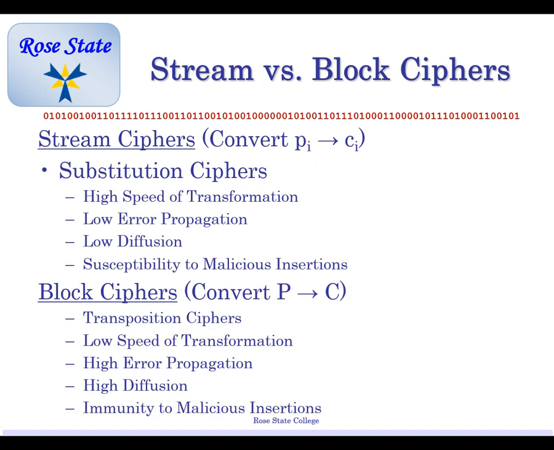Stream versus block. Yet again, another test question. I know you guys are like, damn, how many questions are on this test? But some of these are on multiple tests. So, okay, stream versus block. With stream ciphers, we convert our plain text to ciphertext one piece at a time. So if I'm a very, very slow typist, think a stream cipher would be good?